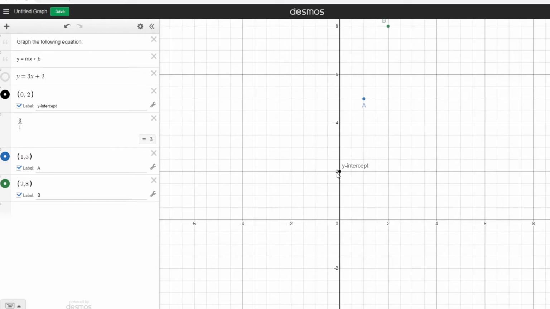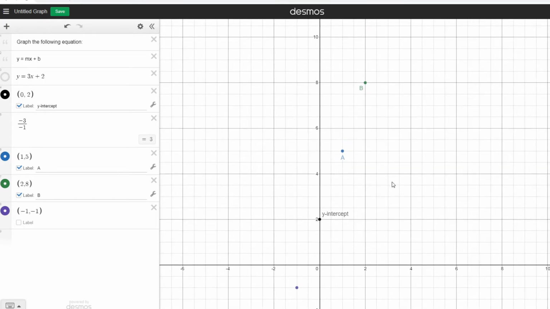And we could also go down, because 3 over 1 also means -3 over -1, since they both mean the same thing. We go down 3 and back 1, then we will have (-1, -1).